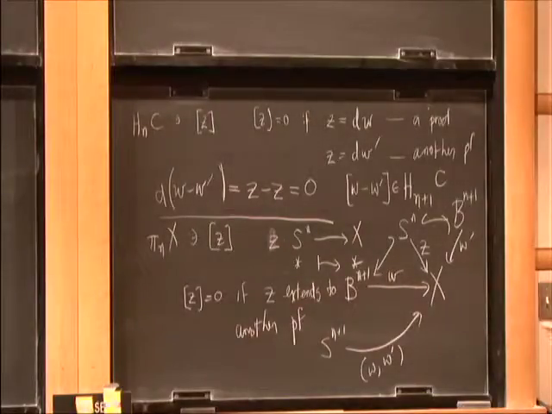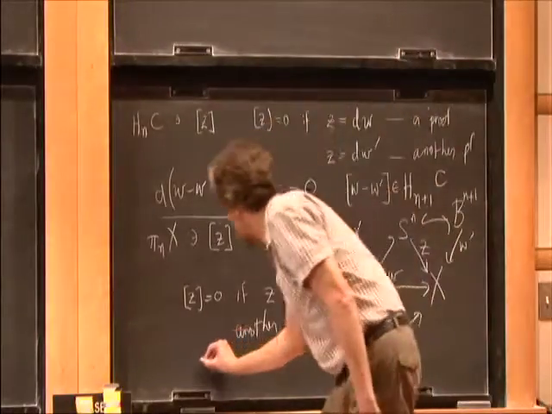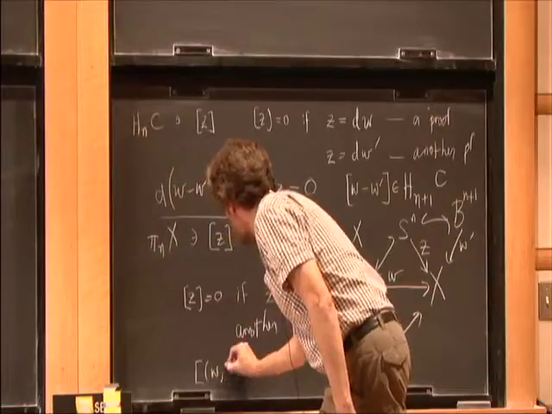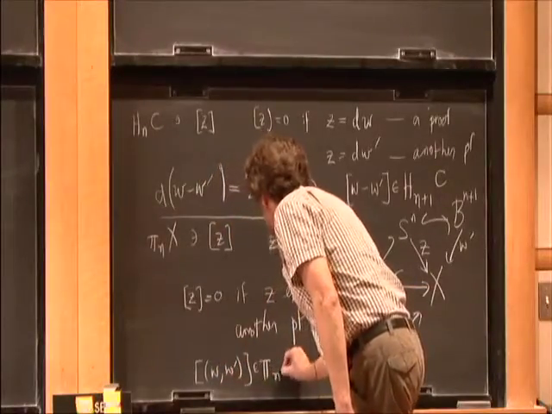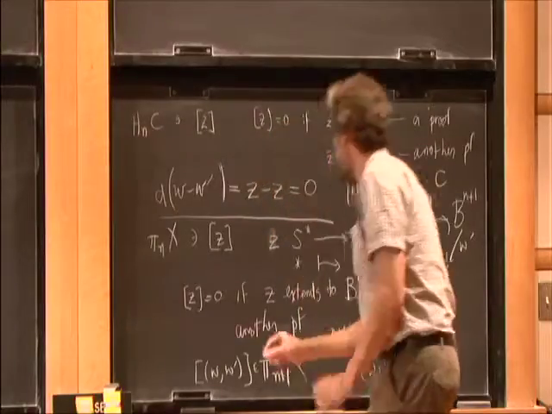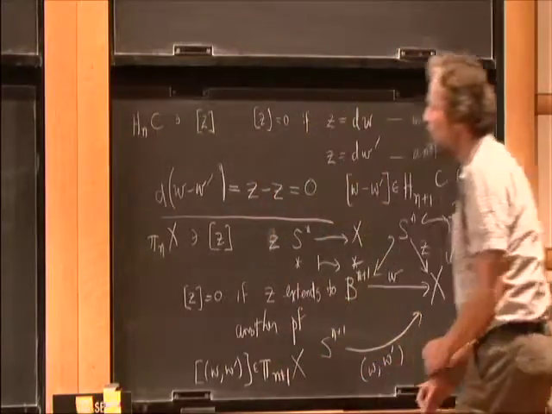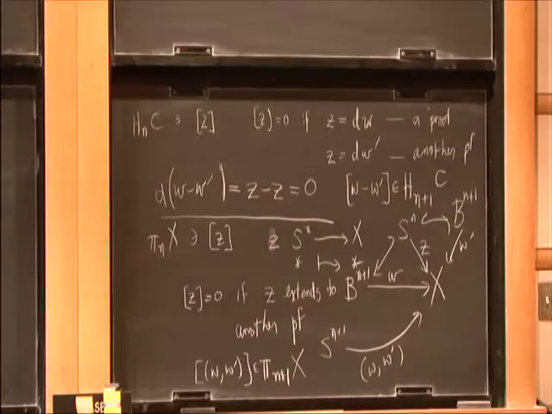And then you can take the class of that and that'll be something in pi n+1 of your space. So the motto is, two proofs of vanishing in level n lead to a class in level n+1, dimension n+1.